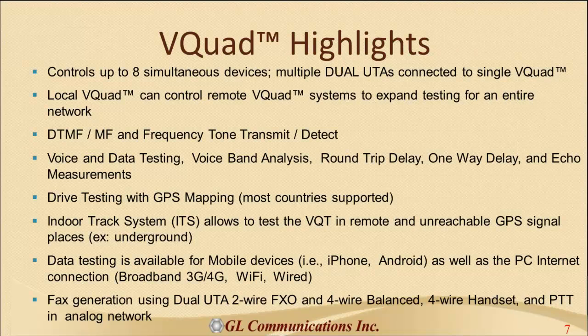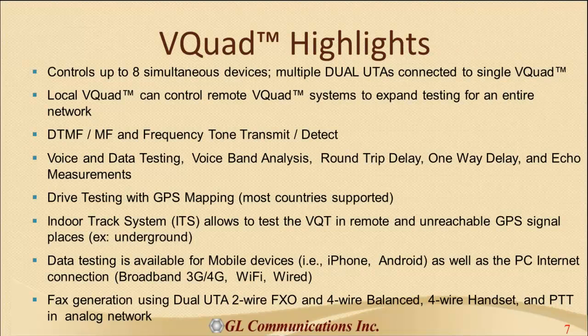One local Vquad can control remote Vquad systems to expand testing for an entire network. You can send different DTMF and MF digits, you can transmit and detect tones, and you can perform drive testing with GPS mapping as described earlier. You can perform the ITS.